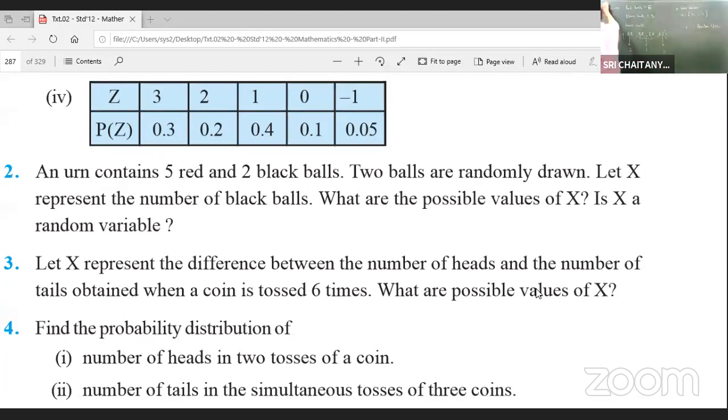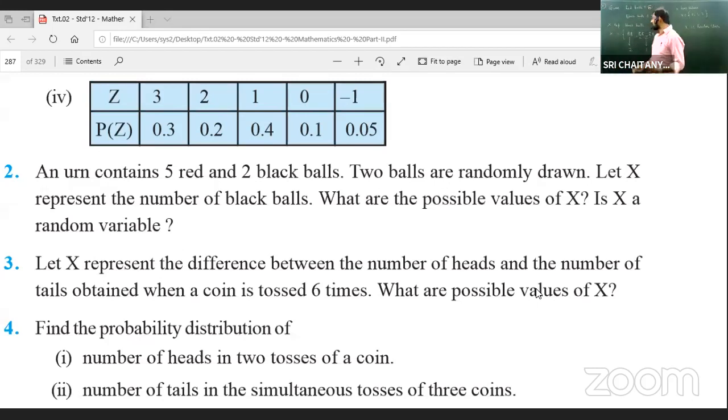I am repeating this problem, right? Given number of red balls is equal to 5. Given number of black balls is equal to 2. X represents black balls. X has values.